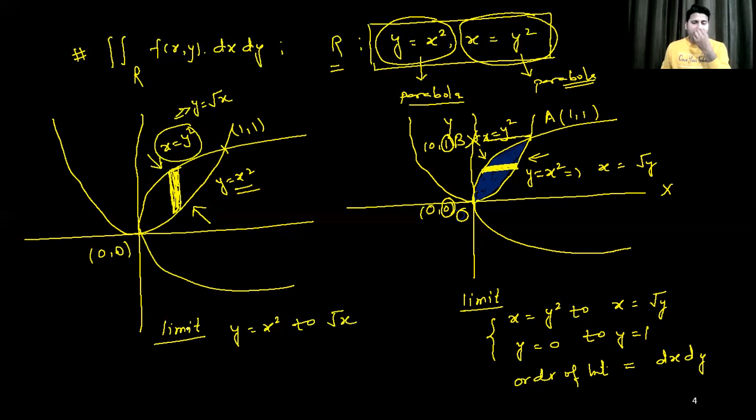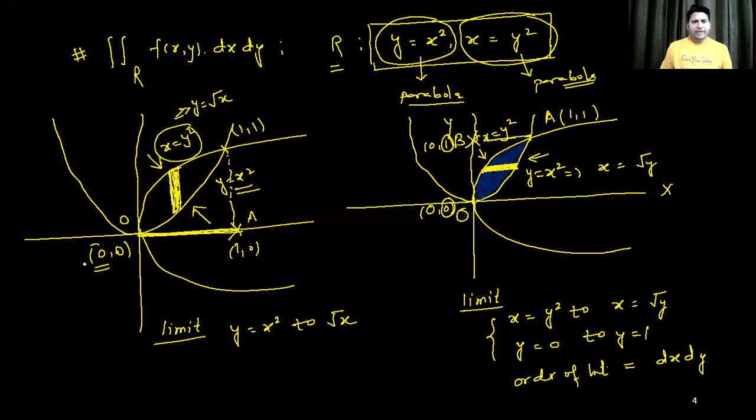Now what about the limit of x? For limit of x, I am just drawing a perpendicular from 1, 1 to the x-axis like this. This point will be 1, 0. Now obviously you can see the variation on the x-axis is this much, from the point O to a point A. The variation of x for this curve is OA.